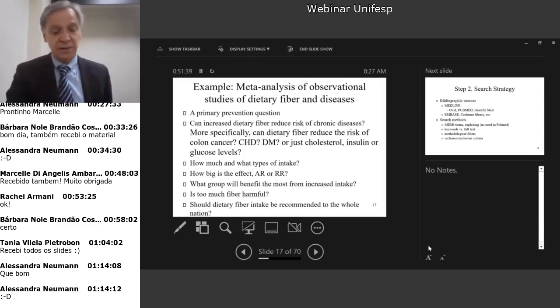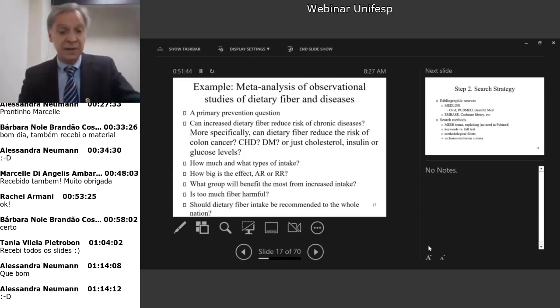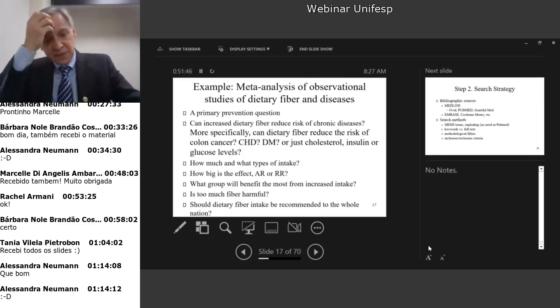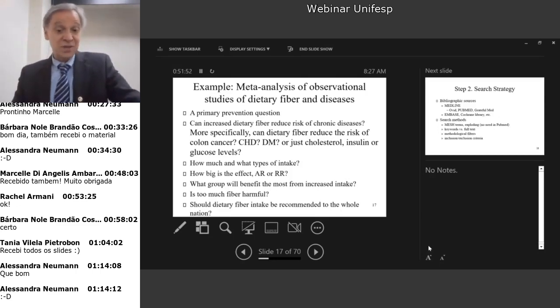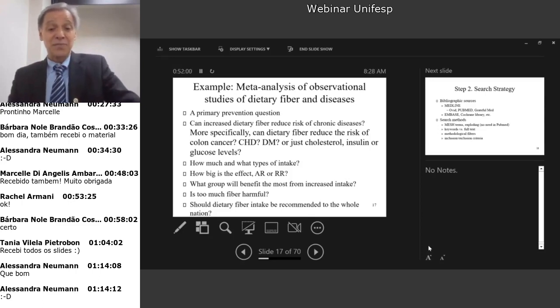It so happened that I've done a lot of nutrition epidemiology in the past. So in this case, if you do case control or cross-sectional studies, you're going to be relying on food frequency questionnaires. You cannot tell the type and the amount of fiber you're having.